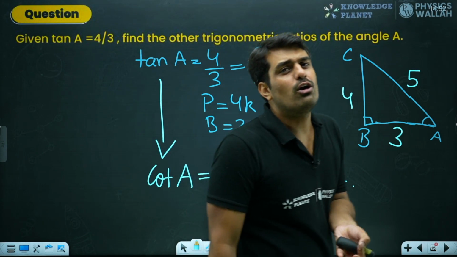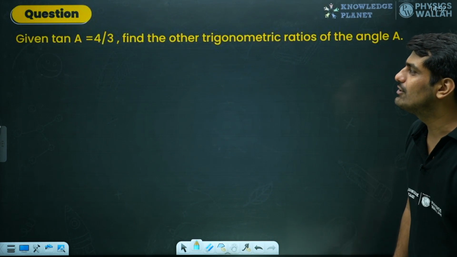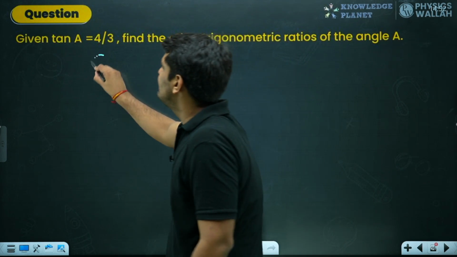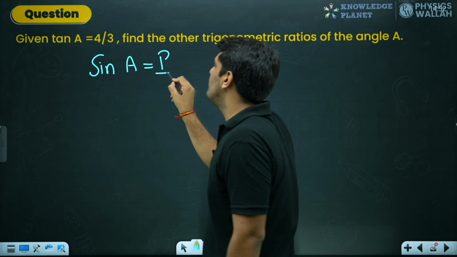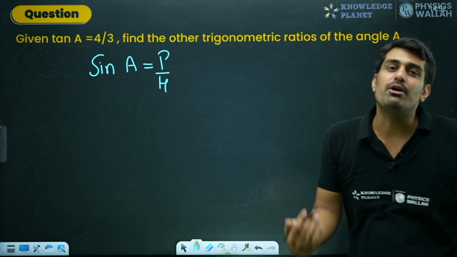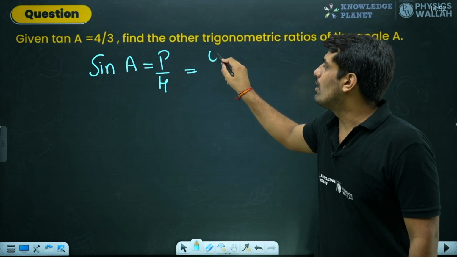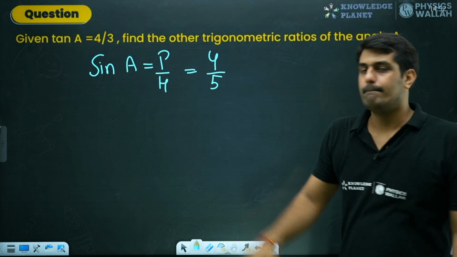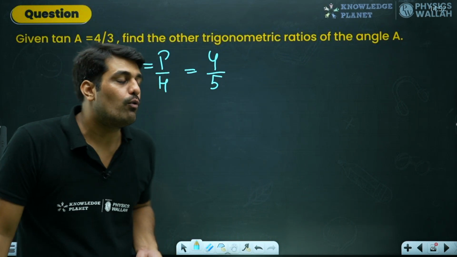But that is not all, because anyhow we need to find the rest of the ratios. So let's go forward and find the rest of the ratios. Sine of A. Sine of A is perpendicular by hypotenuse. We have calculated the hypotenuse value. We have known the perpendicular side. So this comes out to be what? 4 by 5. See, why I was telling that I have taken the value of k as 1.